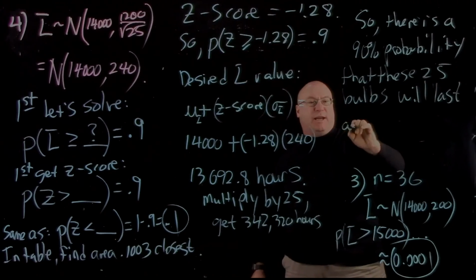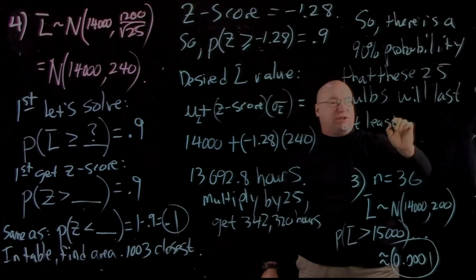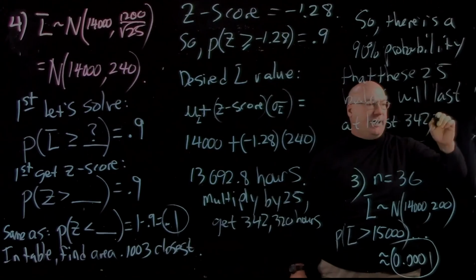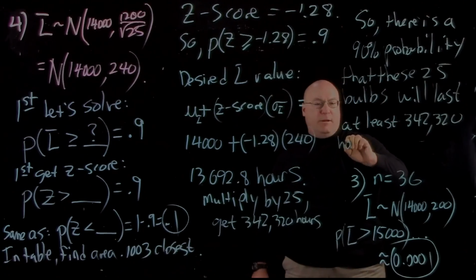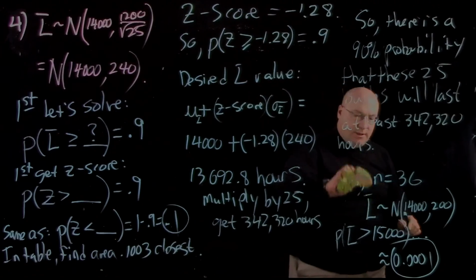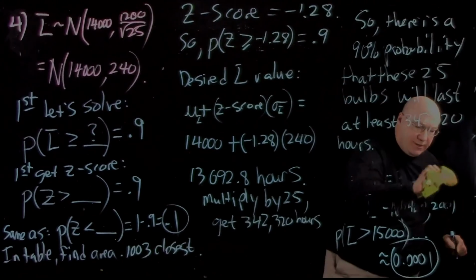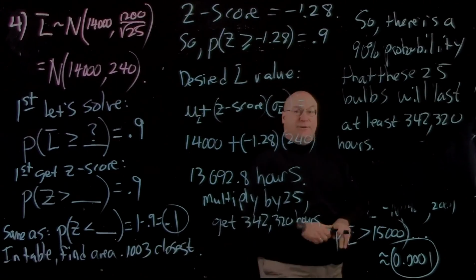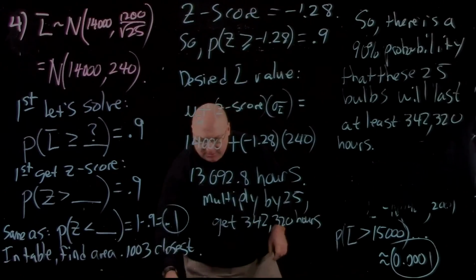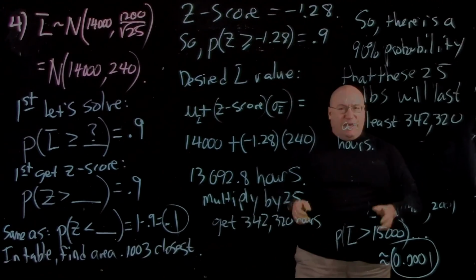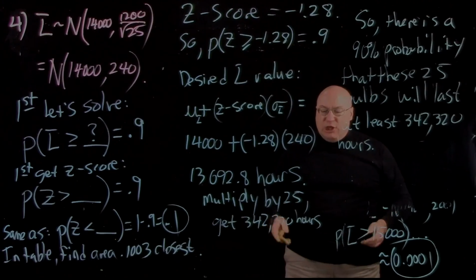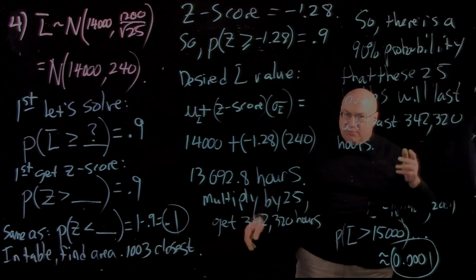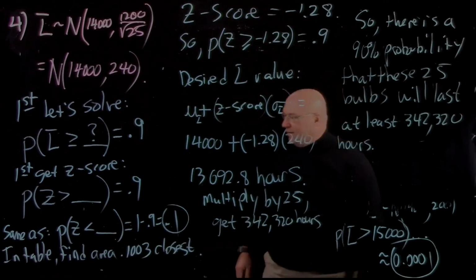So we'll just say it like this: they'll last at least 342,320 hours. If you work that out, that's a little over 39 years. So if you buy these 25 bulbs and use them sequentially, you've got a 90% chance you won't have to go back to the store to get another bulb for about 39 years. We'll stop.